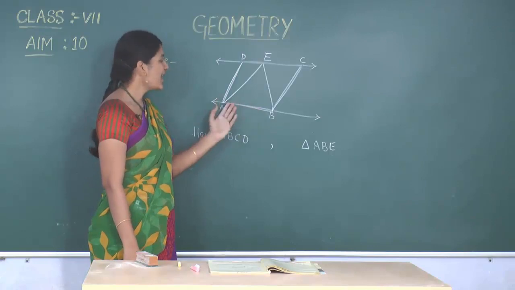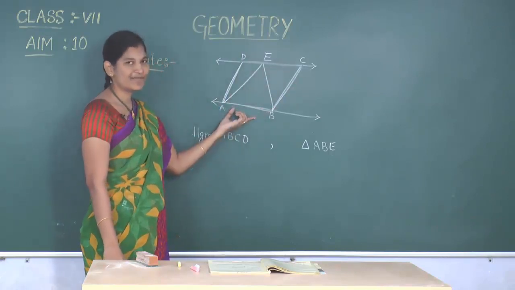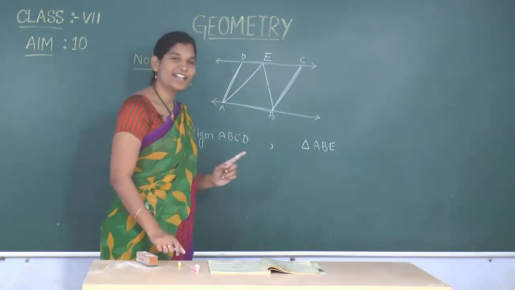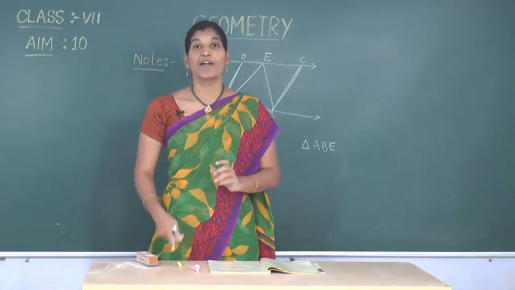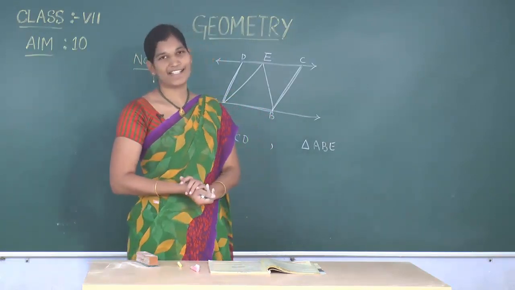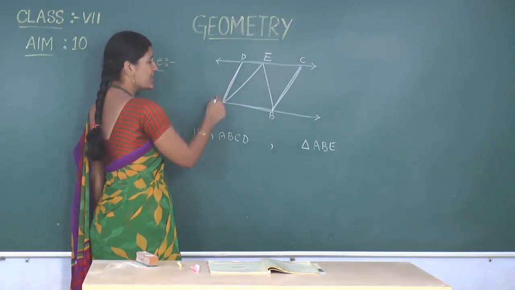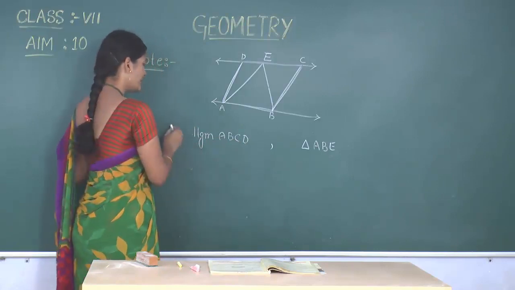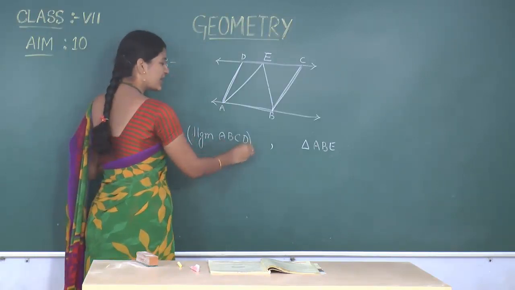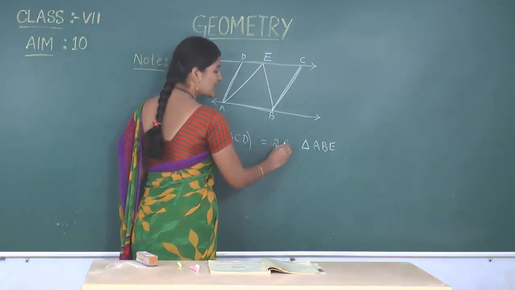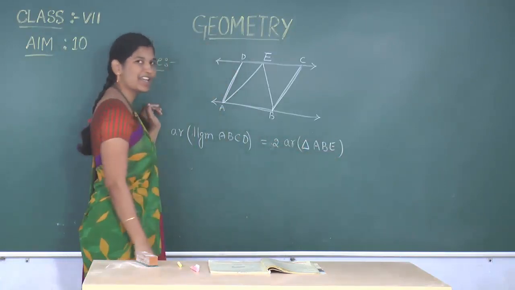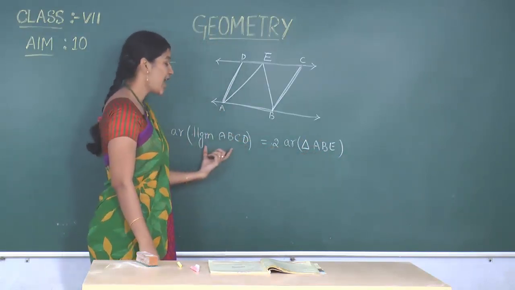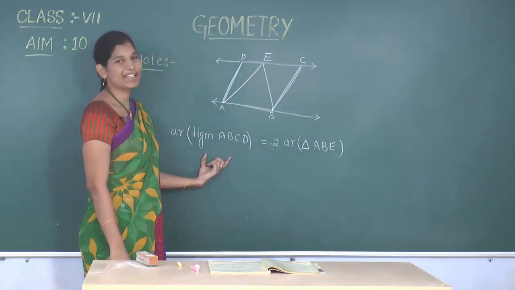A parallelogram and a triangle have the same base between the same parallel lines. Yes, these two are between same parallel lines, no? Then how will their areas be? Let me show you. Area of parallelogram ABCD is twice the area of triangle ABE. Otherwise we can say area of triangle ABE is equal to half of the area of the parallelogram ABCD.